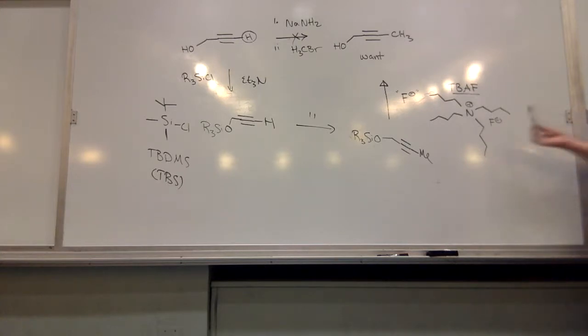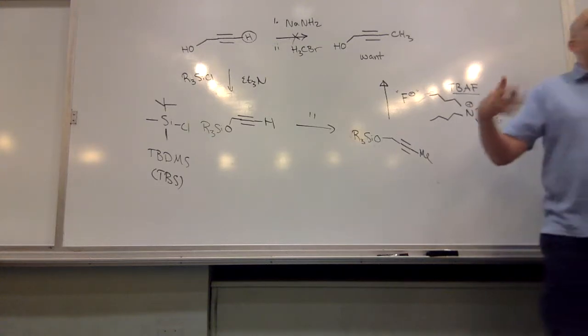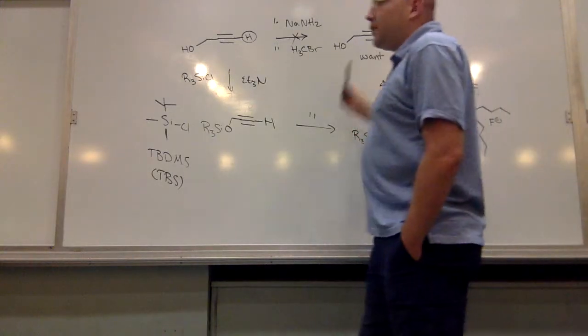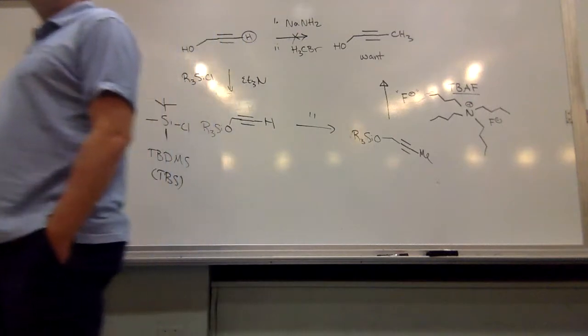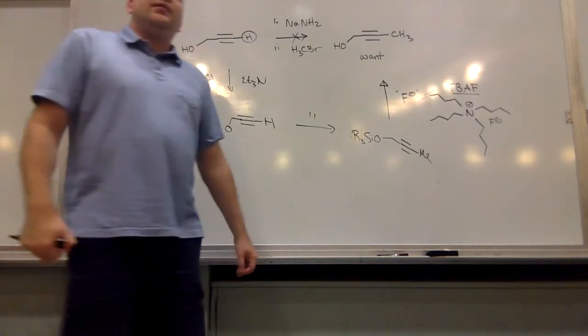So TBAF is an organic soluble form of fluoride source, and the fluoride will basically pluck that off, and then following an aqueous workup, you're going to end up getting your product. So you do the TBAF, you'll probably end up with the ammonium alkoxide salt, and then following an aqueous workup, you'll get that. Does that make sense?